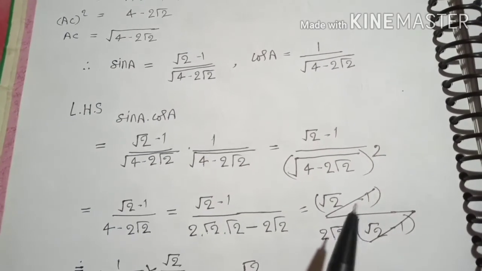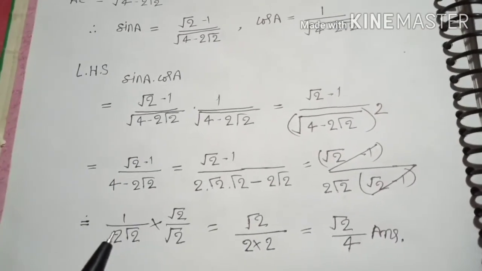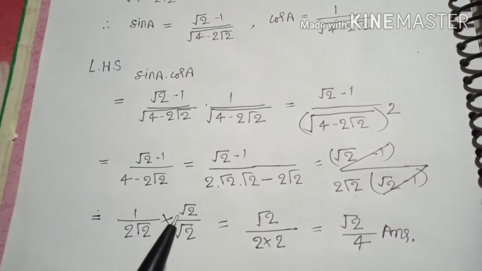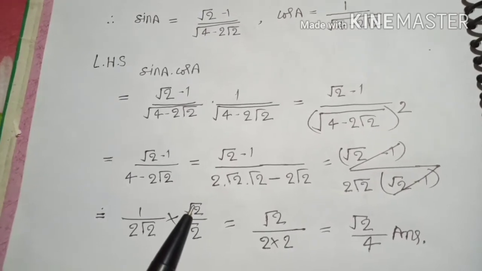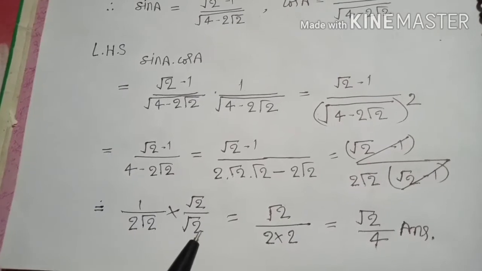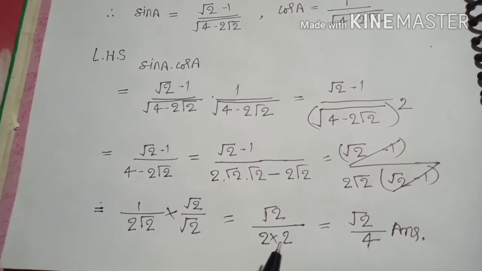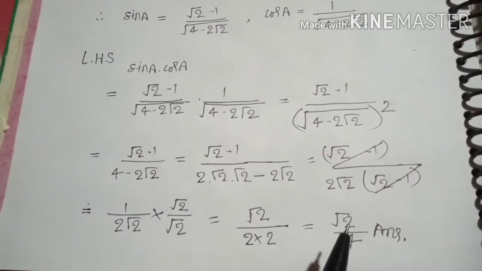Root 2 minus 1 cancels out root 2 minus 1, therefore 1 by 2 root 2. We multiply root 2 in the numerator and root 2 in the denominator, so root 2 divided by 2 into 2. So root 2 divided by 4 is the answer.